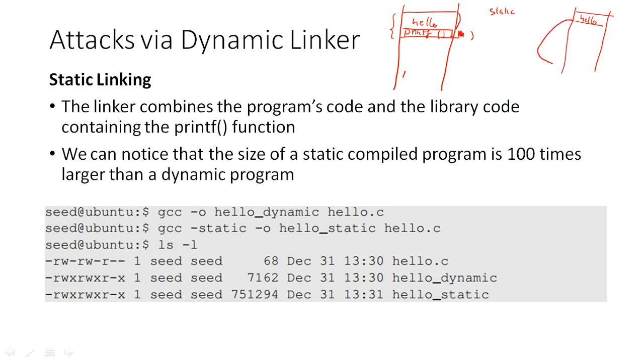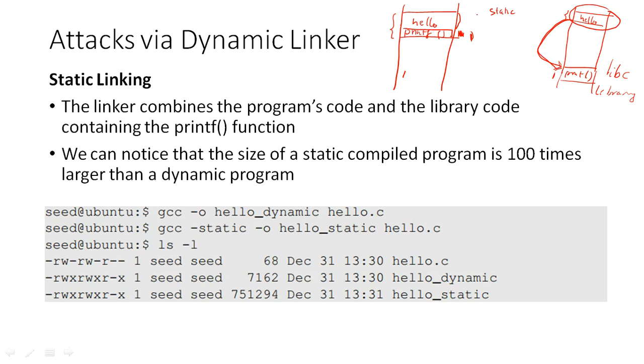When it calls, it jumps to a different part of memory where the libc library is, and the printf function is located there. So our program is very small because it doesn't contain the printf binary code. It should jump to somewhere else, make a call to printf, right? So the size of this program is very small.